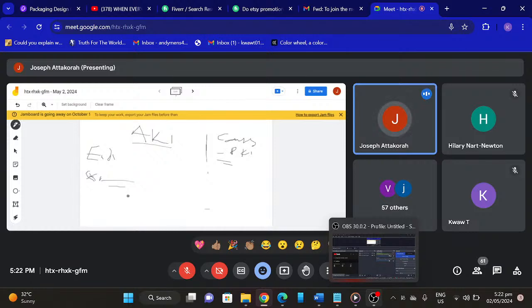Some of the endogenous factors are hemoglobin. Hemoglobin can also cause damage to the kidney, as can myoglobin. You can also have crystals, like uric acid. Phosphate accumulation can cause damage to the kidneys.